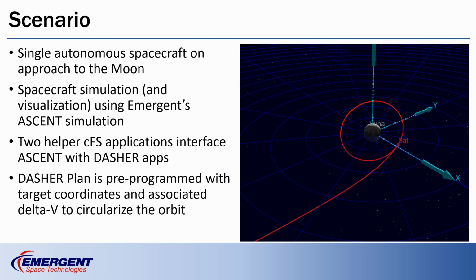These act as interfaces to a spacecraft message bus. And our DASHER plan in this case is going to be pre-programmed with a set of coordinates and an associated maneuver that should actually be sent out and received by the Ascent simulation that will cause the spacecraft to enter this circular polar orbit that represents its target for this mission.